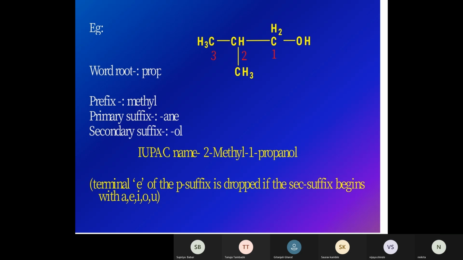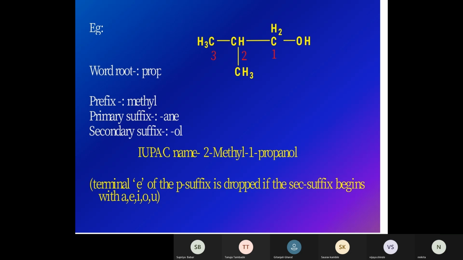So in that, we will select this: 1, 2, and 3. That is the longest chain we have selected. So 1, 2, 3 means three carbons are present.